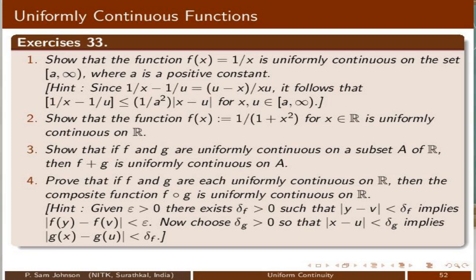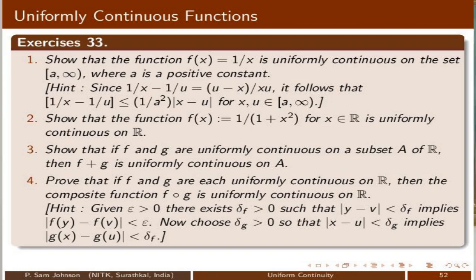But this function f of x is uniformly continuous on the set a to infinity. A proof is already given for 1 over x square in the interval closed a to open infinity, so you can also try it for the function 1 over x. In the second example, the exercise says prove that the function 1 over 1 plus x square is uniformly continuous on R.